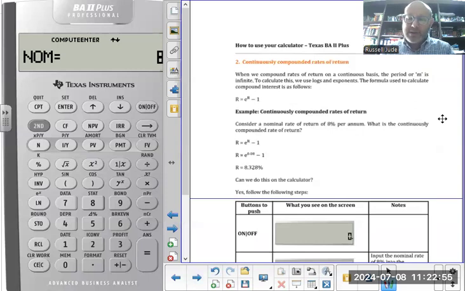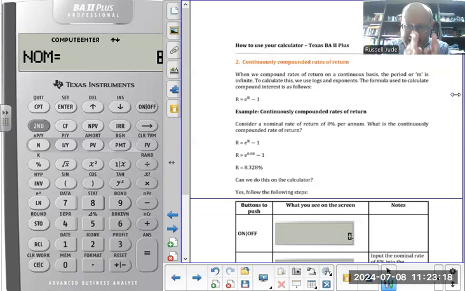Okay, and I want to discuss a concept over here, which is called continuously compounded rates of return. Again, when we move deeper into the syllabus for CFA, CAIA, and FRM, what we'll notice is there are always 2 kinds of rates. There are discrete rates. Discrete rates is what we handled in the previous question.